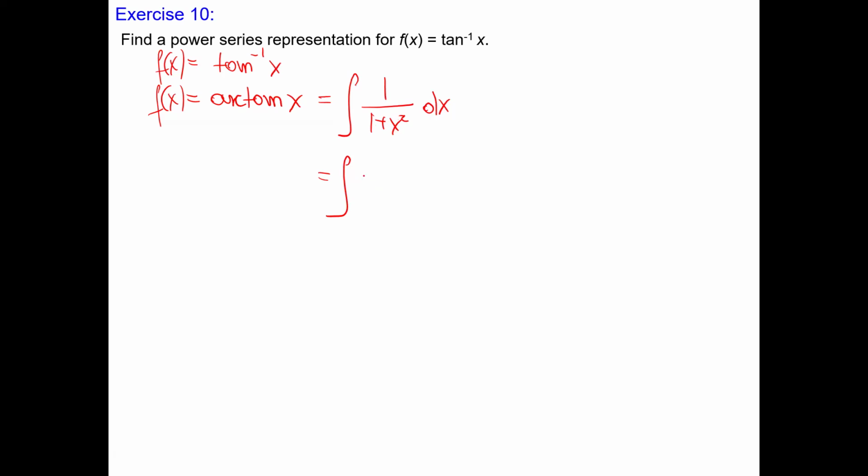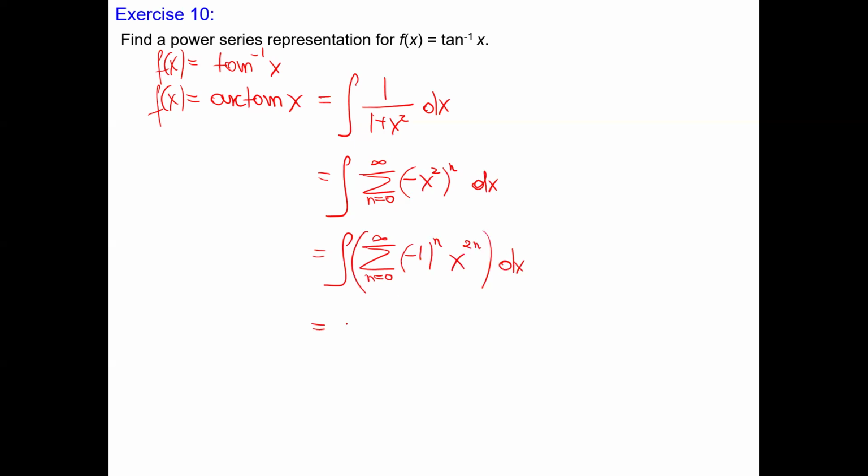Again, from exercise number 1, the power series representation for 1 over 1 plus x squared is the sum of negative x squared to the power of n. Let's rewrite it as negative 1 to the power of n and x squared to the power of n. In order to integrate, we will gain a constant. We're not losing any term, so I keep 0.